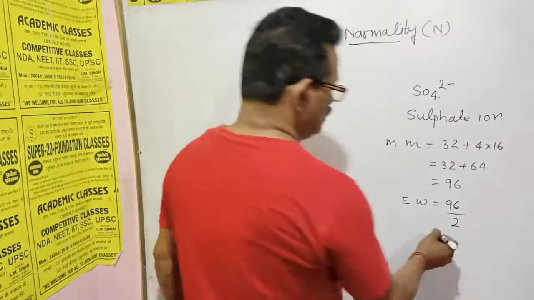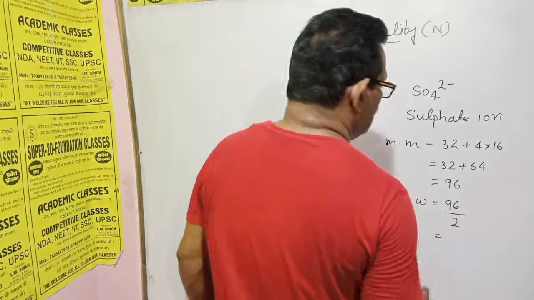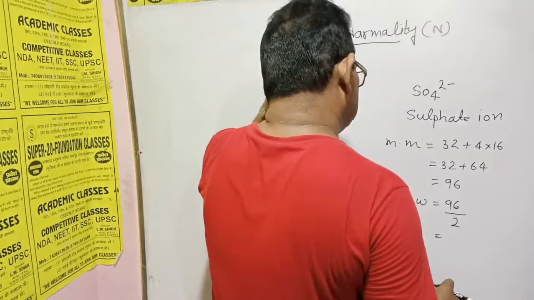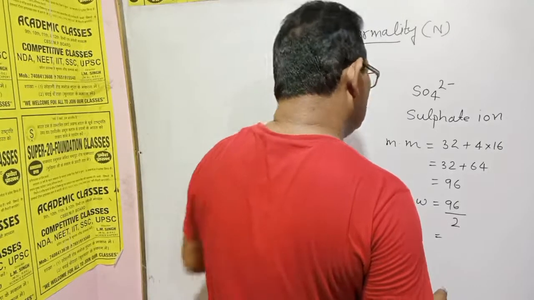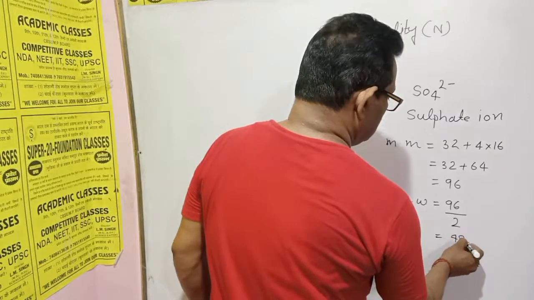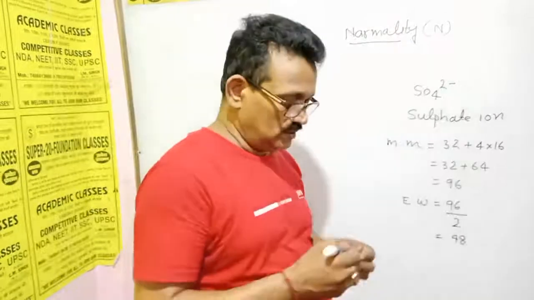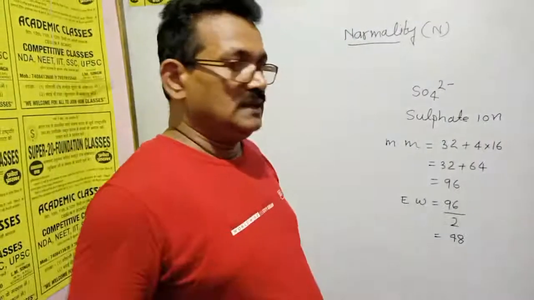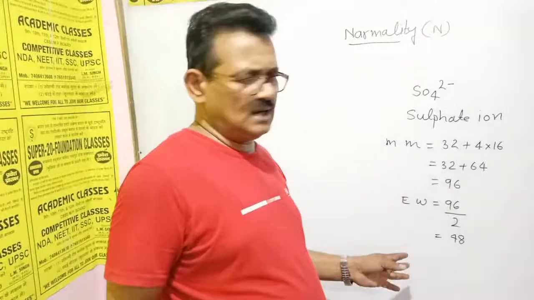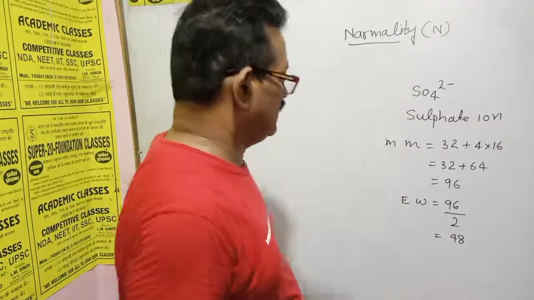Then what is the equivalent weight? 48. 48 is the equivalent weight of sulfate ion. This is very easy to calculate the equivalent weight of sulfate ion.